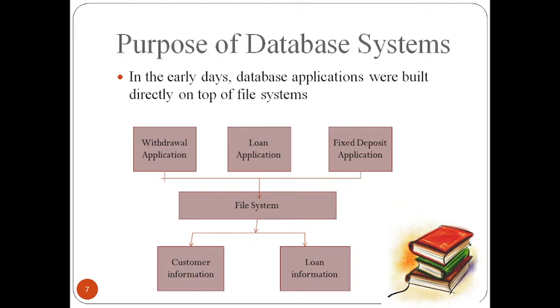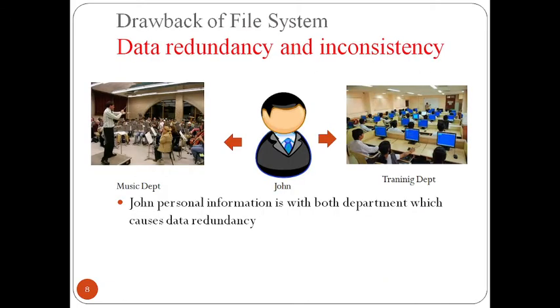So let's see what problems arise in file systems. The first major problem is data redundancy and inconsistency. What do we mean by data redundancy? Data redundancy means duplication of the data at multiple places. For example, here John is a student, suppose he is studying in the music department and the training department also.